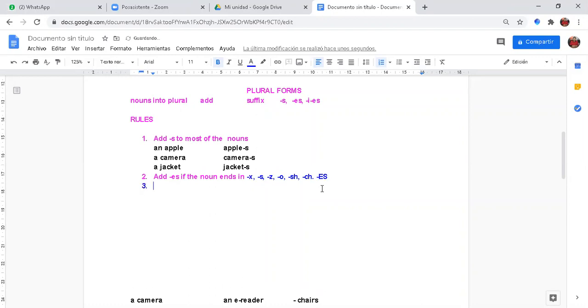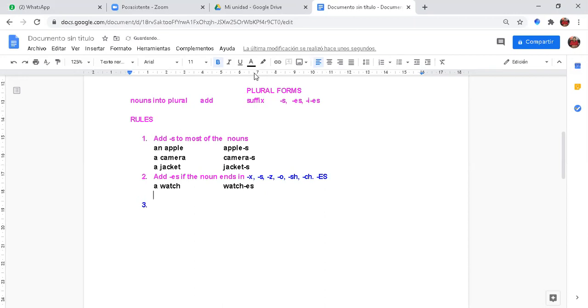Example: singular, a watch; plural, watches.